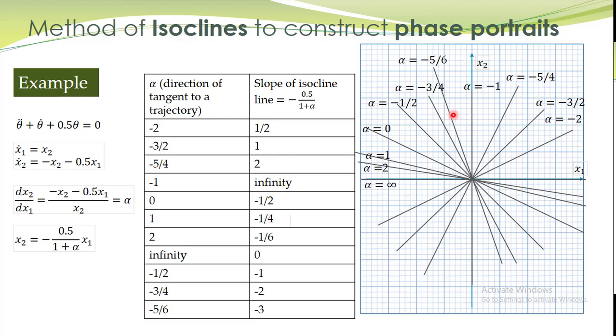The more the number of isoclines, the more accurate will be your graph, and the fewer the isoclines, it will not be a smooth graph, as we have seen in the previous example as well.